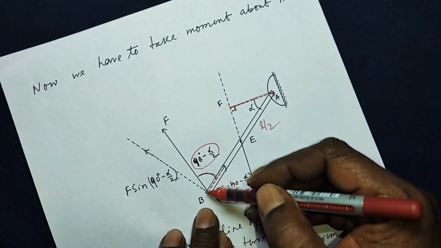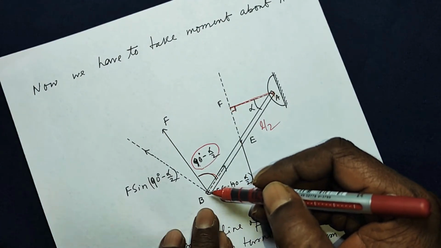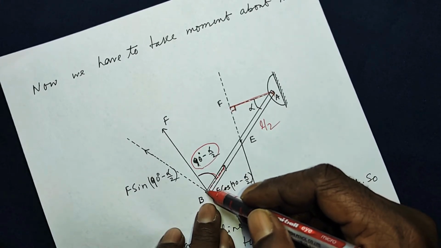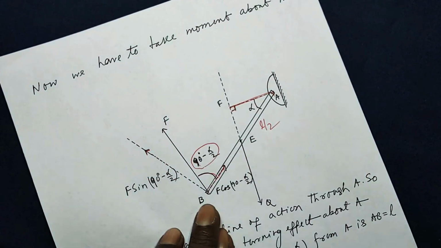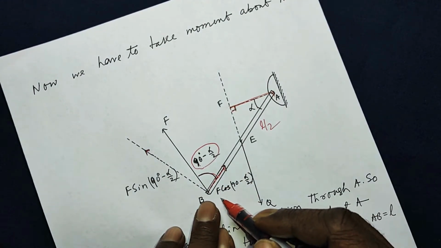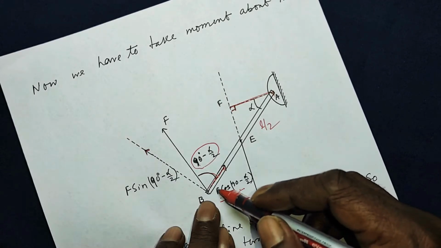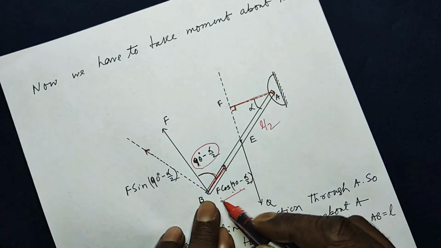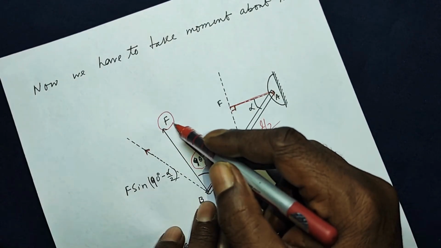And this spring force F is resolved into two components, one along this and one along this, such that this one becomes F cos 90 minus alpha by 2, and this force passes the line of action of this force, a component of the spring force.